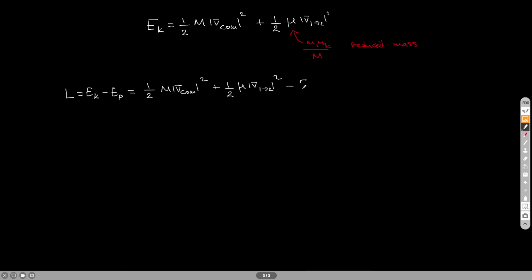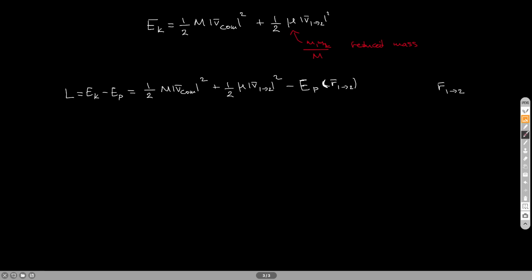Now, the potential energy in cases like the one that I described at the beginning of this video only depends on the relative position vector from 1 to 2. It's a function only of the relative position vector from 1 to 2. So here's the thing, this quantity depends on the center of mass, and these two depend on the relative position vector from 1 to 2.